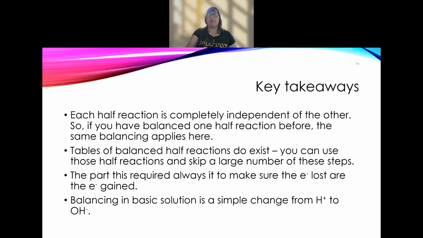Tables of balanced half reactions do exist, and you can look them up in that half reaction table, and then you can skip all of the making sure that you've added the oxygens and the hydrogens and the electrons, because everything is balanced up until that point. When you take 2 of those half reactions, when you go to add them together, you still need to make sure that the number of electrons is the same in both equations, and then add everything together and simplify, and then change it to OH minus if you're in basic solution.